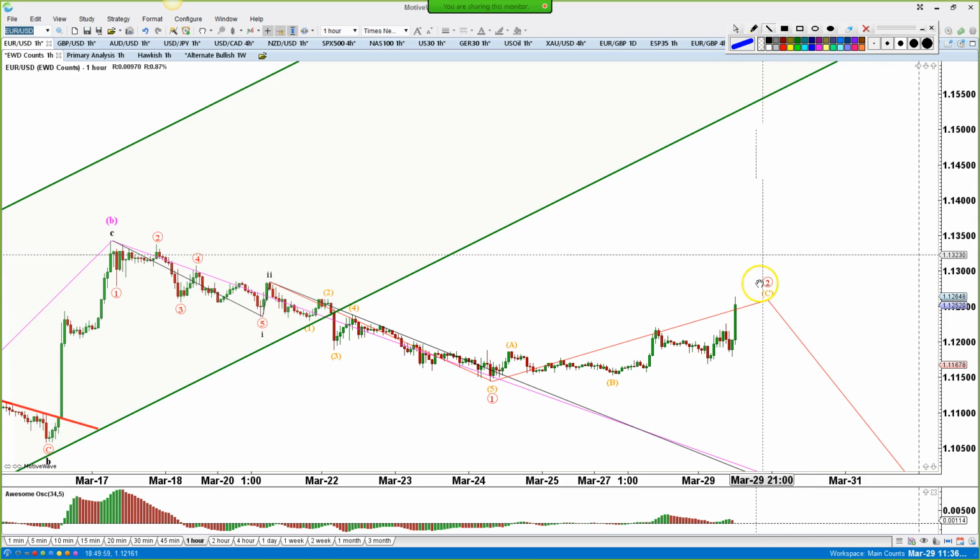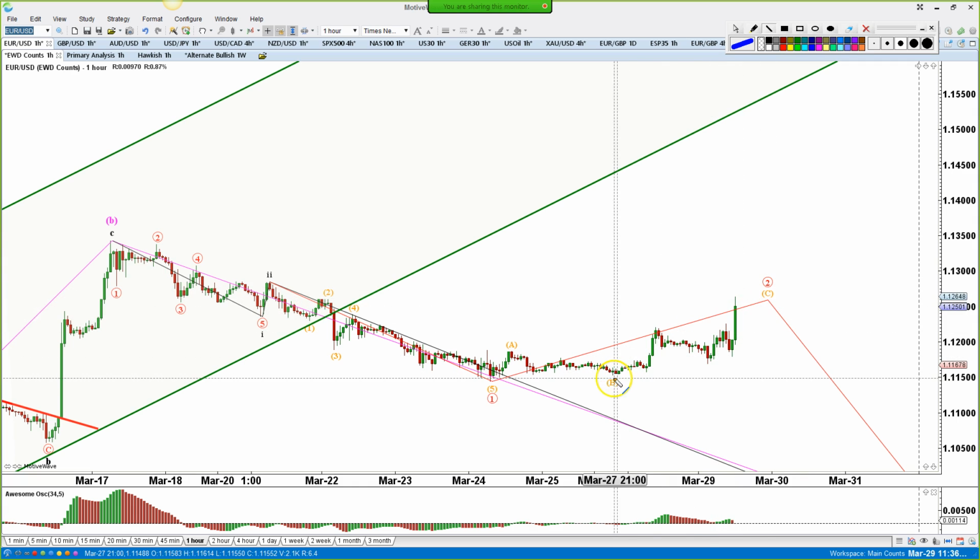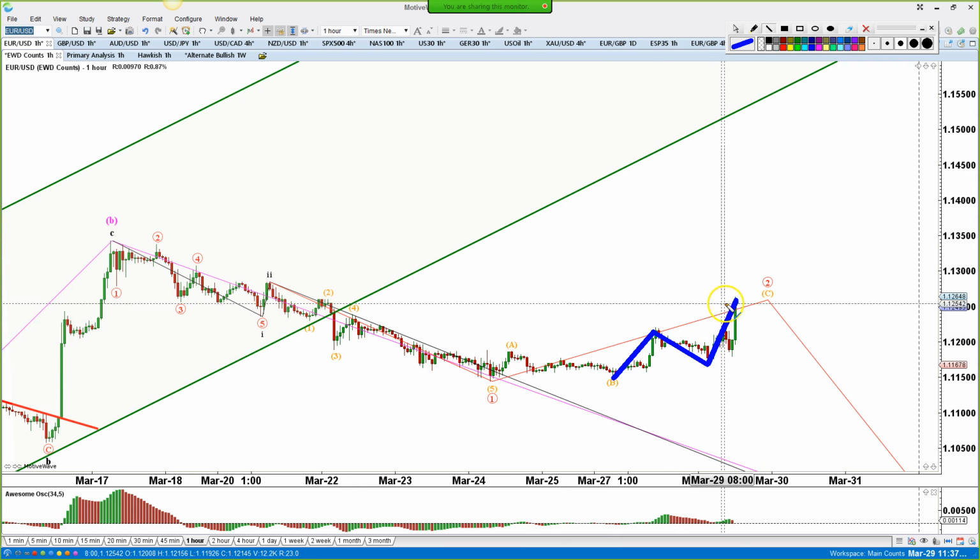Very good. It seems the price didn't end the wave 2 yet, because the wave C is a 5-wave sequence, and right now we have only 3 waves. So usually what happens here is that the price makes a retracement and then another leg up to complete a 5-wave sequence.